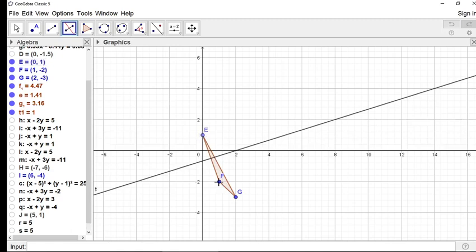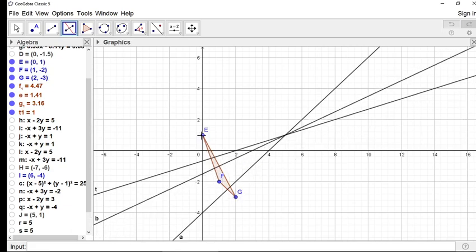I have drawn one perpendicular bisector EF, another GE, and this K point is the circumcenter.